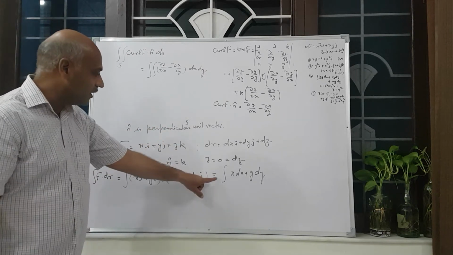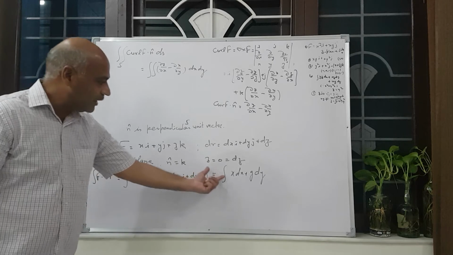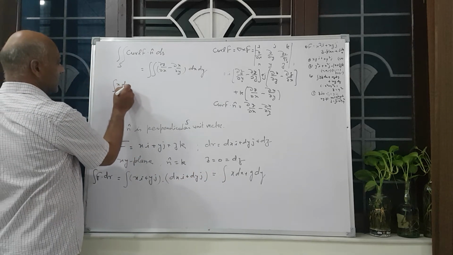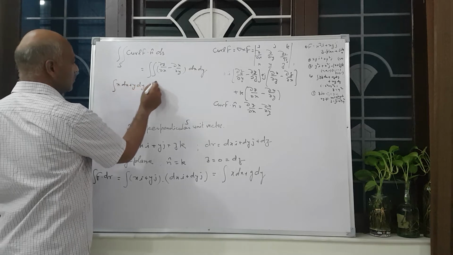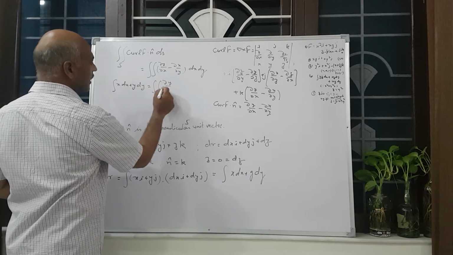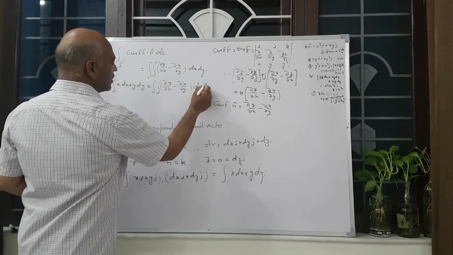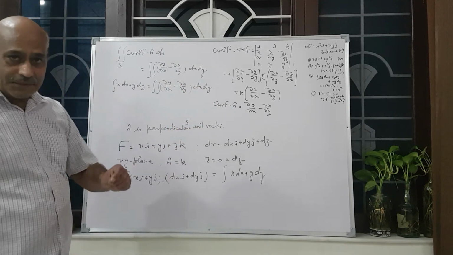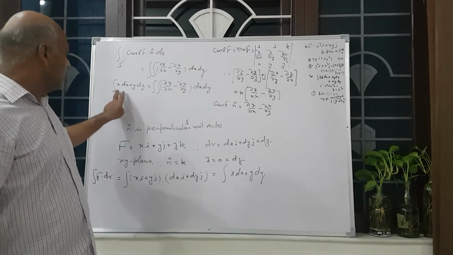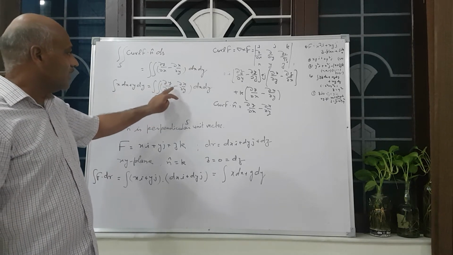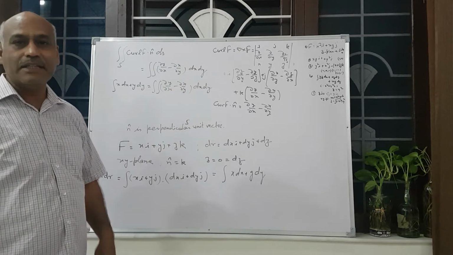So we can say x dx plus y dy is equal to the double integral of del y by del x minus del x by del y dx dy. So in the xy plane, F dot dr, x dx plus y dy, is equal to the double integral of del y by del x minus del x by del y dx dy.